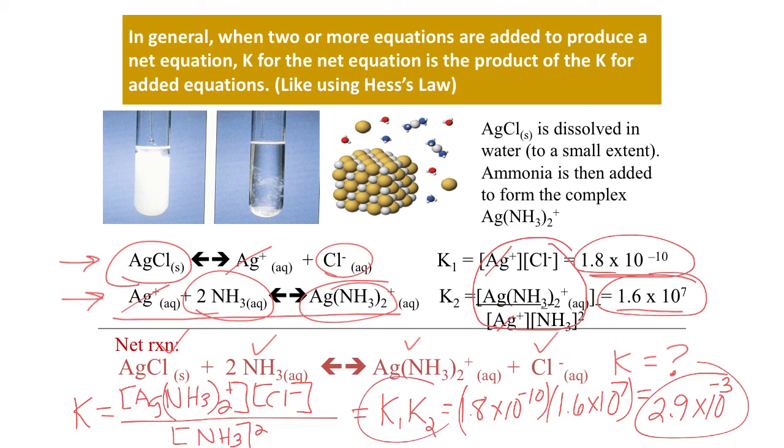So you're just multiplying the two K values. If you had to, say, double the first reaction, then K1 would get squared. If you had to reverse the second reaction, then it would be 1 over K2.